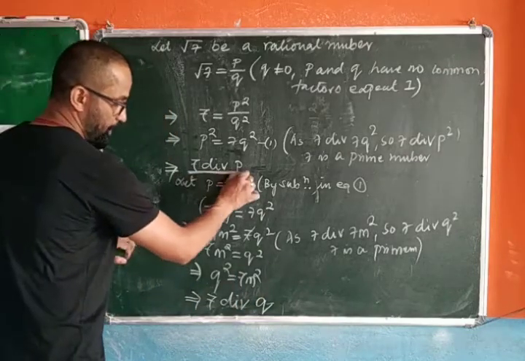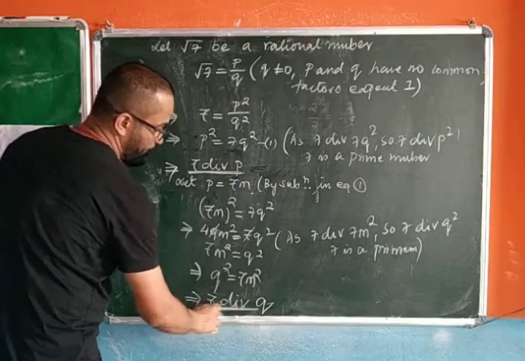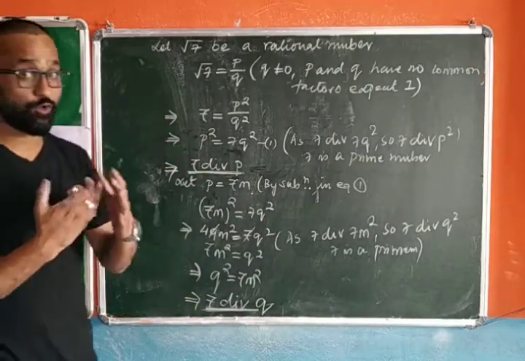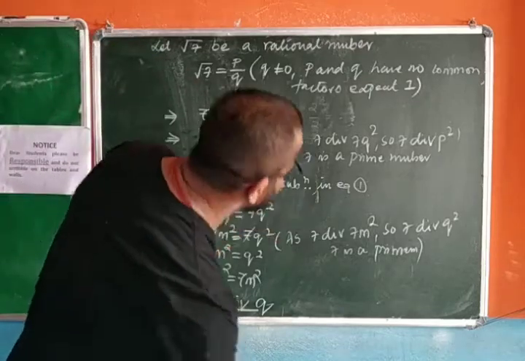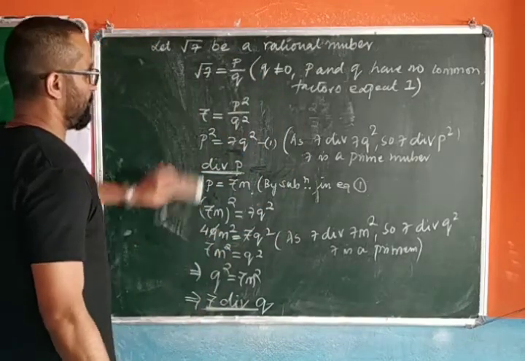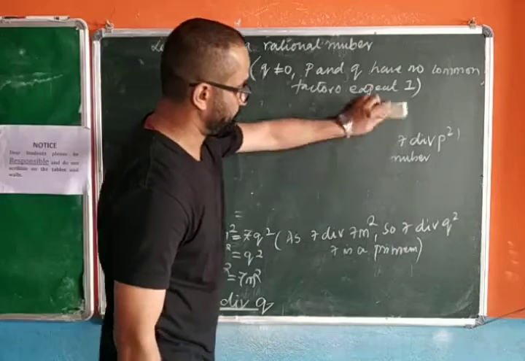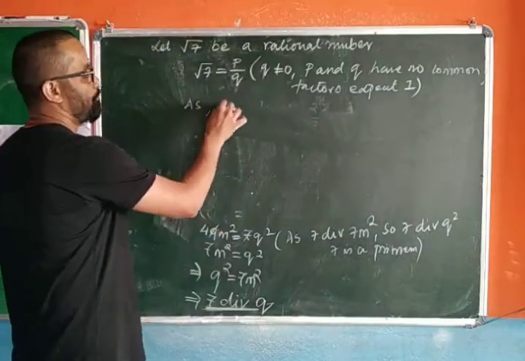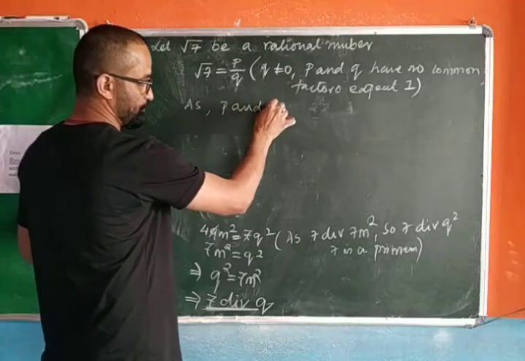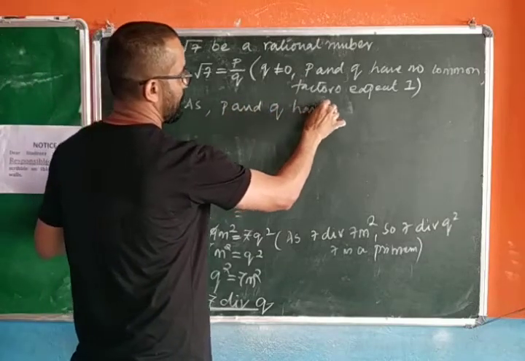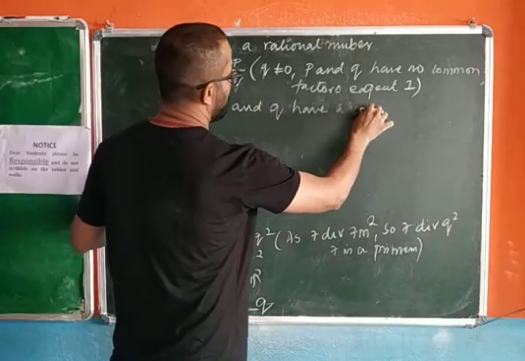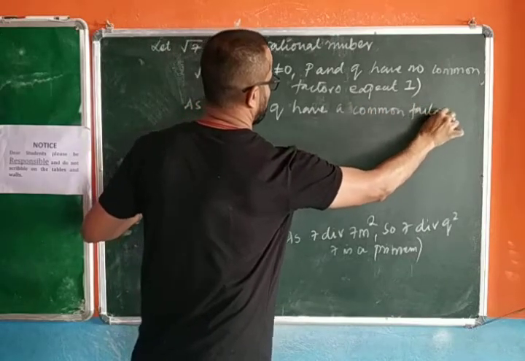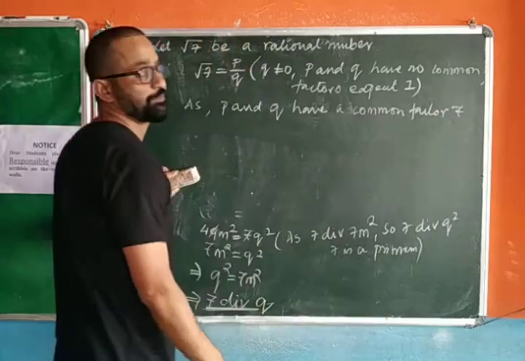7 divides p, 7 divides q. It means that p and q have common factors. So we write p and q have common factor 7.